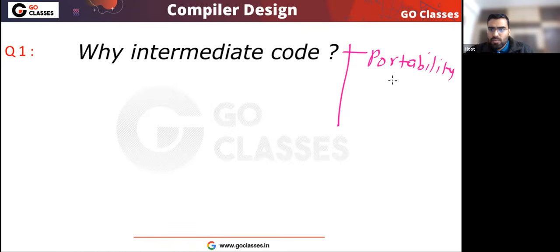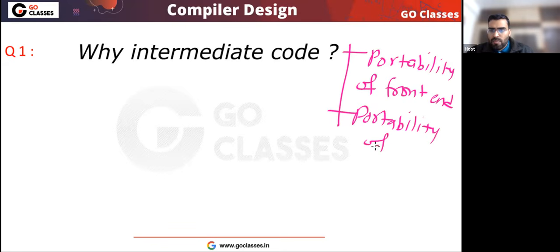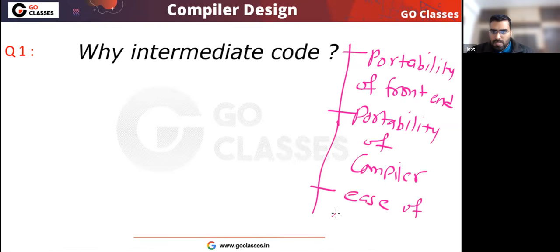But what does that mean? And also, ease of optimization. I will explain all these points. So why we need this intermediate code, let me explain.